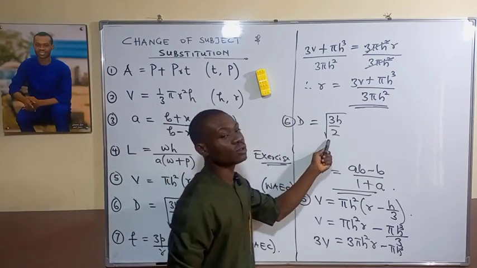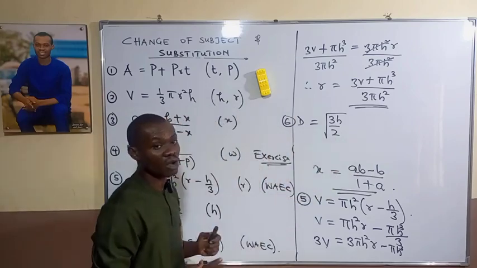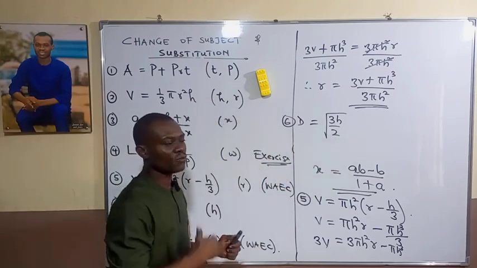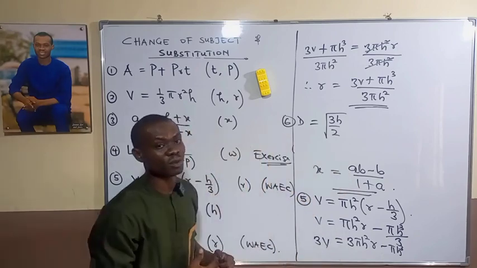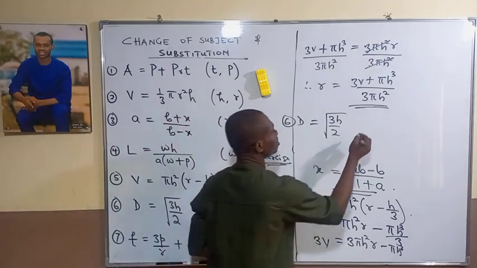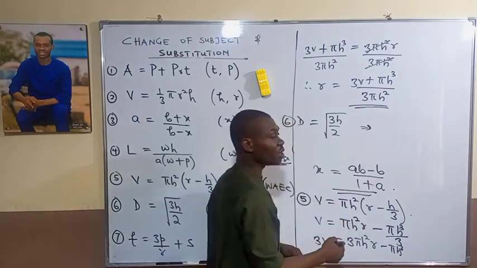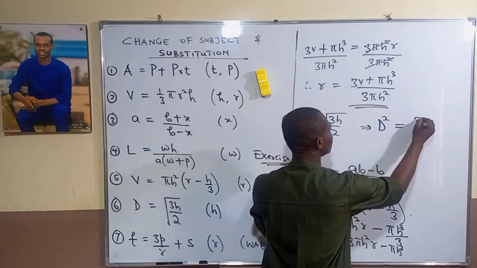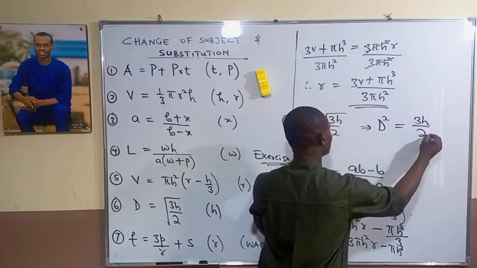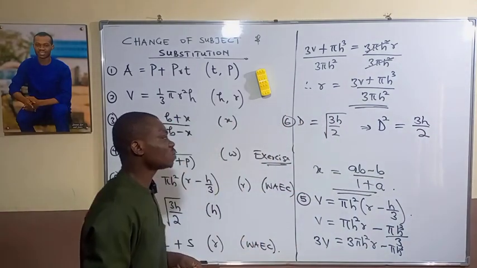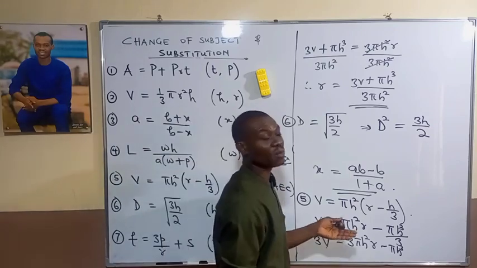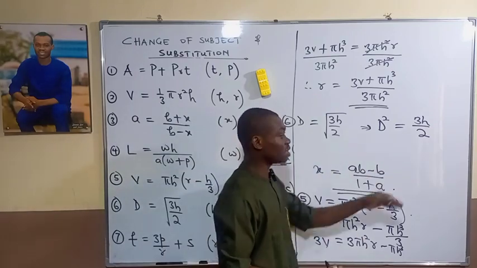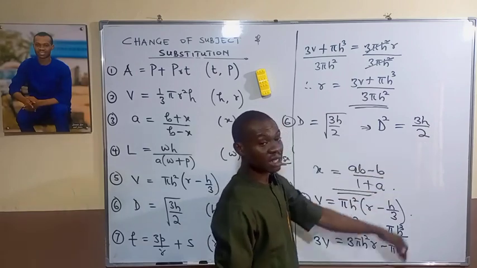So this is square root. If it crosses equality, it becomes square. If you have cube root crossing equality, it becomes cube. Okay, so this is now going to give me, let me put it this way, and then that's equal to 3h over 2. Okay, so at this point, you can either cross multiply or just multiply 2 by the denominator here to clear the fraction.